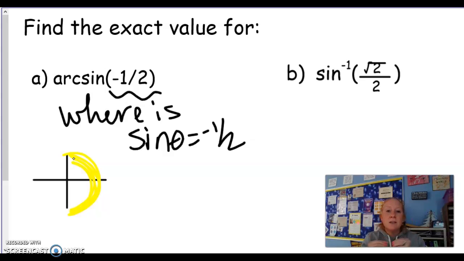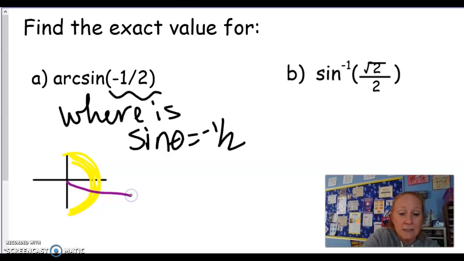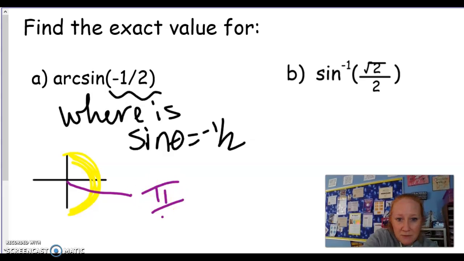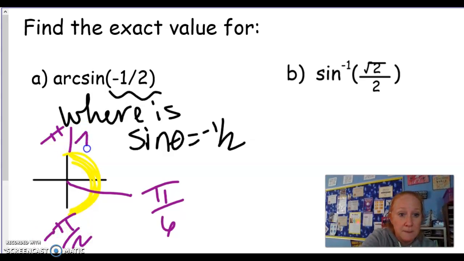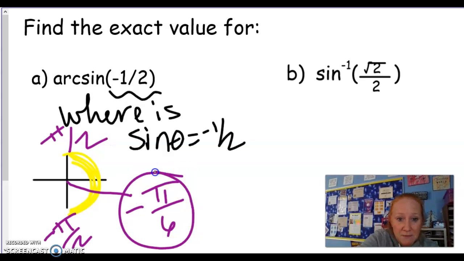So where is the sine -1/2? Well, that's right here. My reference angle is pi over 6, so I have to figure out which one. In this context, I'm going from negative pi over 2 to positive pi over 2, so I'm going to call that negative pi over 6.